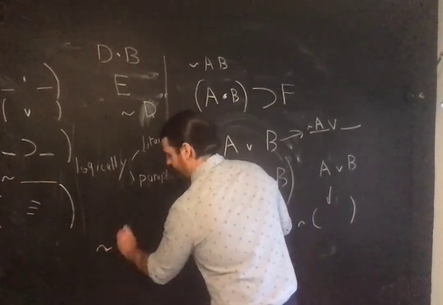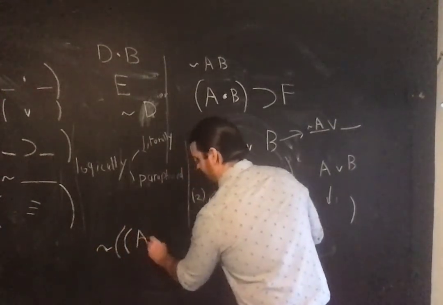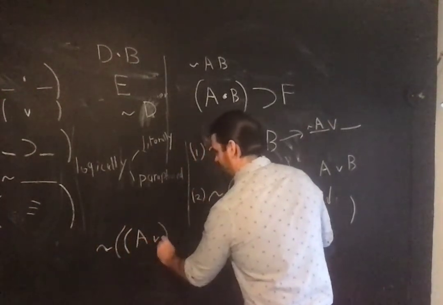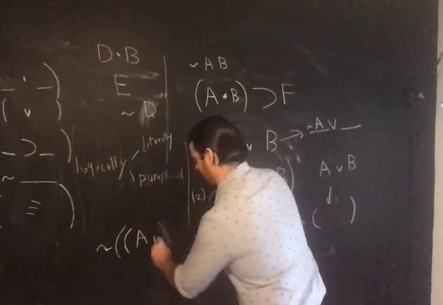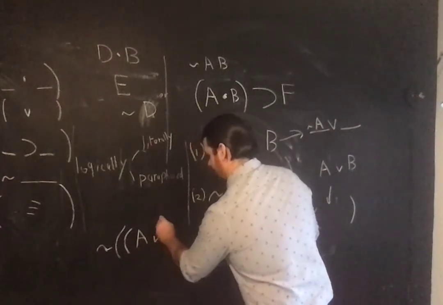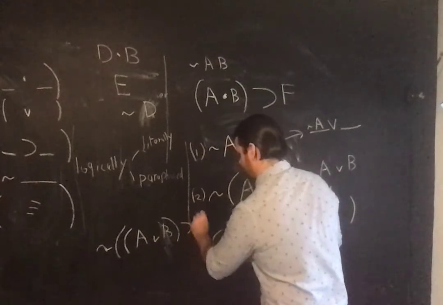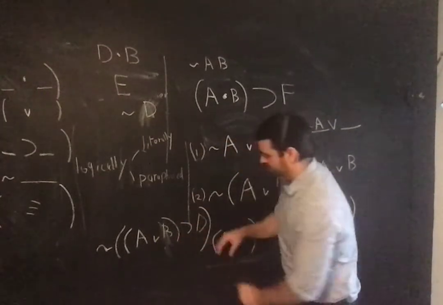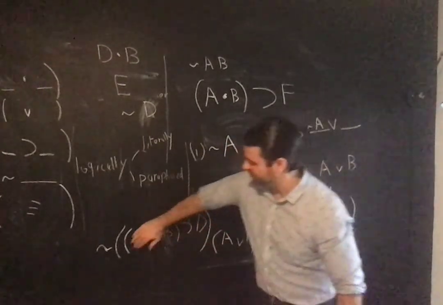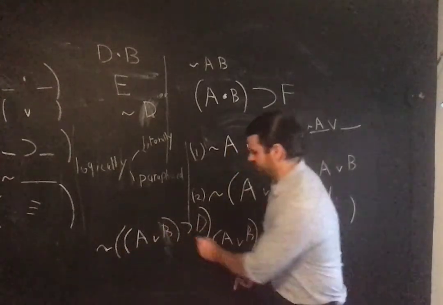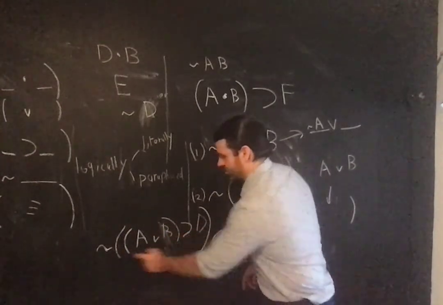One last one. Not, bracket, A or B, hook D. So this whole formula, what's the major operator? Is it this or this or this?